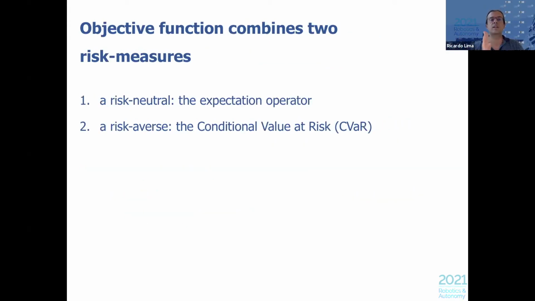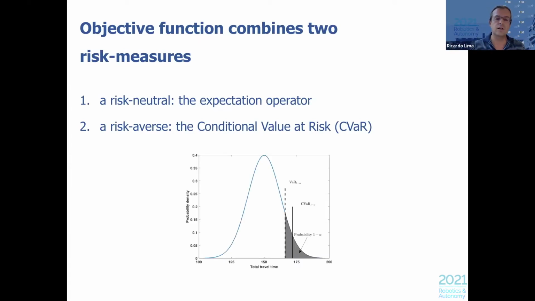In terms of objective function, what we consider is an objective function that combines two risk measures. The risk measures are an expectation operator, a risk neutral measure, and a risk averse measure that is the conditional value at risk. And what we do is we combine these two measures into one objective function.